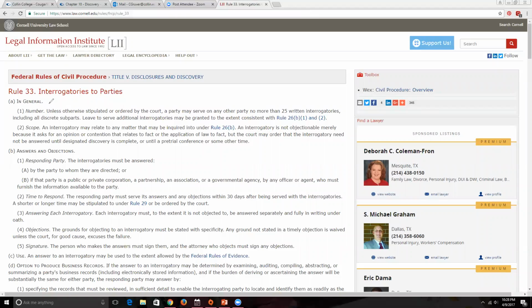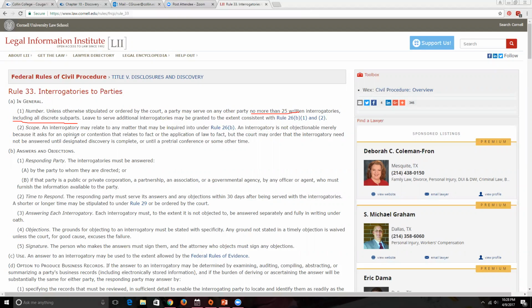So let's look at some generals. The numbers: no more than 25 written interrogatories, including all discrete subparts. So you can't have 25 numbers where each number has 10 subparts. Each one of the parts is going to count as its own number.